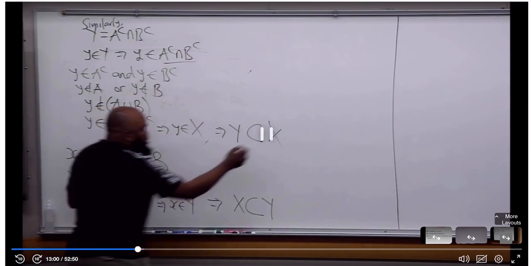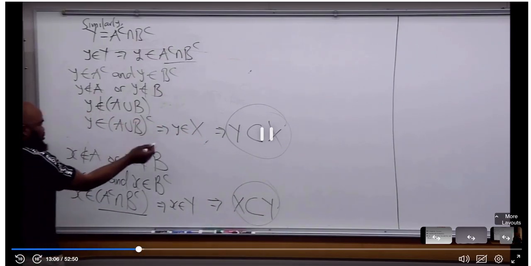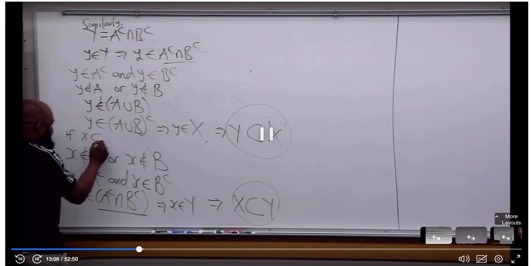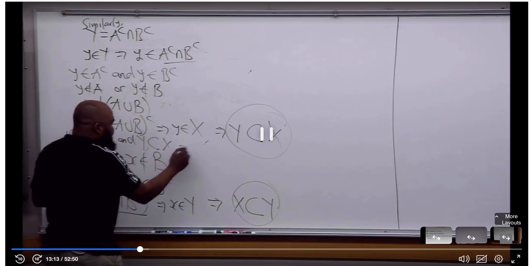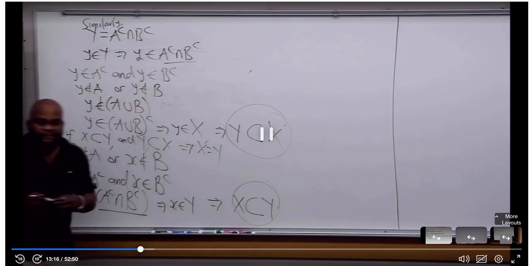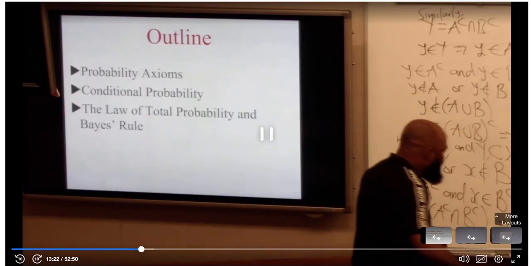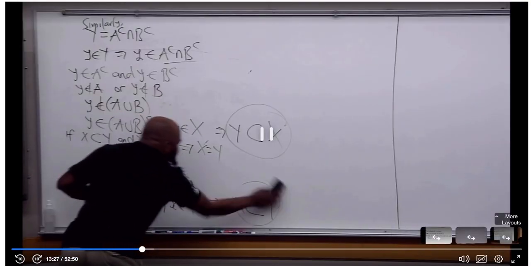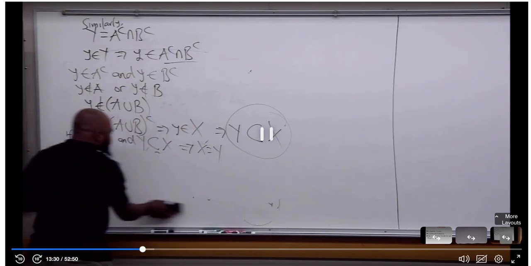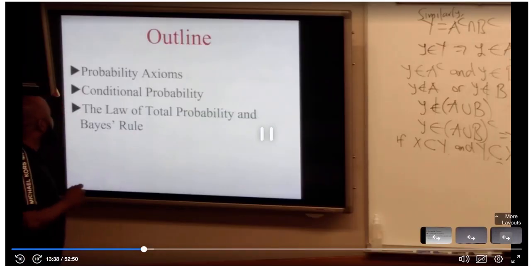When this happens and this happens, if X is a subset of Y and Y is a subset of X, that implies X equal to Y. Done. So that's how to prove that. Now, without wasting my time, I want to go into today's topic, starting from probability axioms.